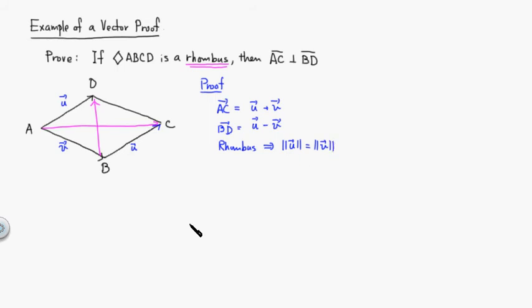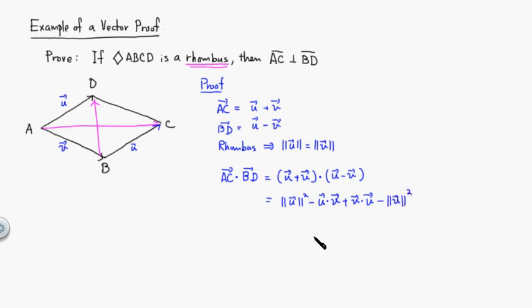Then let's take the dot product. Vector AC dotted with vector BD gives you the same thing as vector U plus vector V dotted with vector U minus vector V. If you multiply this out, you see that U times U is the norm of U squared, then minus U dot V, then plus V dot U, then you have a minus norm of V squared.